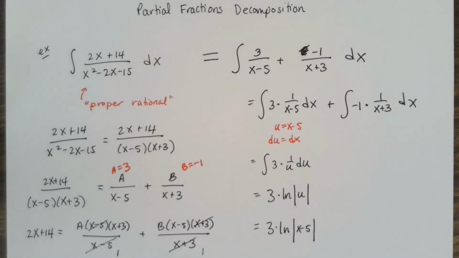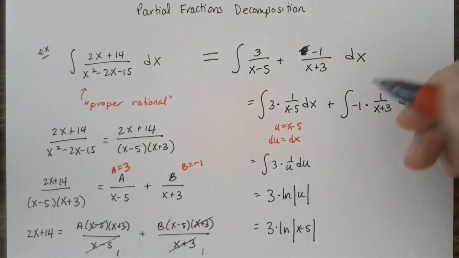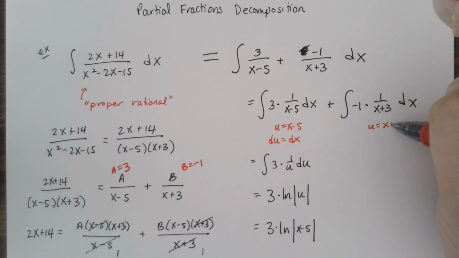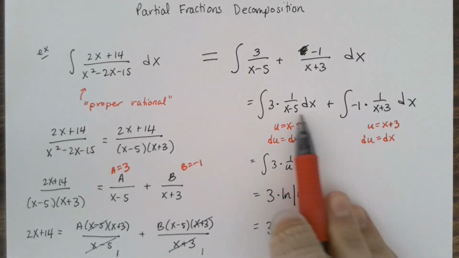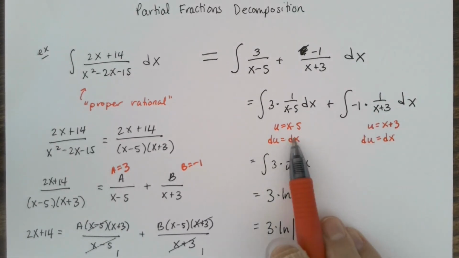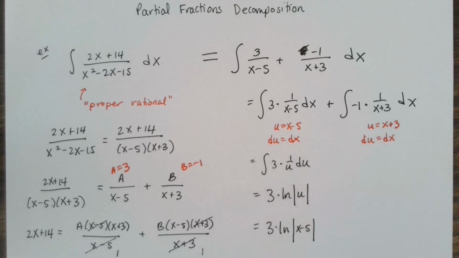Okay, so we'll go back up to the second integral and do almost exactly the same thing, but my substitution will be for x plus 3, and we'll end up using that same integration rule. The reason I have them separated into integrals is so that I don't get mixed up with my two separate u substitutions.